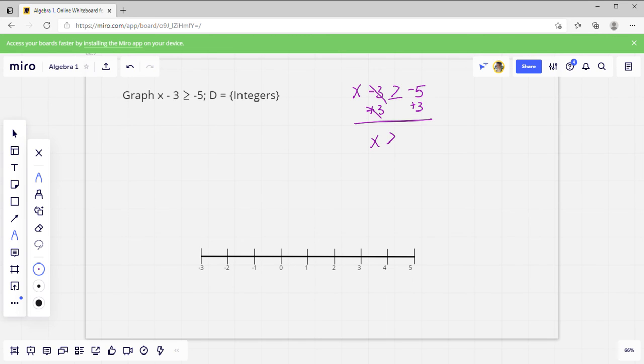X is greater than or equal to negative 5 plus 3, which would be negative 2. So on this one, we can only use integers. So that means we have to do dots. So it could be negative 2 because it's greater than or equal to. It has to be everything that's greater than or equal to negative 2. So we're going to use dots for each one of these numbers that are more than negative 2.